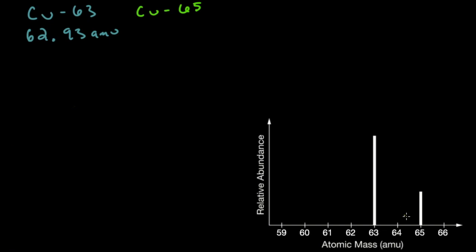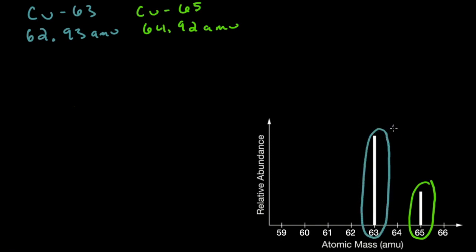And this one over here, the 65, is going to be 64.92 atomic mass units. So this one right here would represent the isotope Cu65, and the line right here would represent the Cu with the mass number of 63.